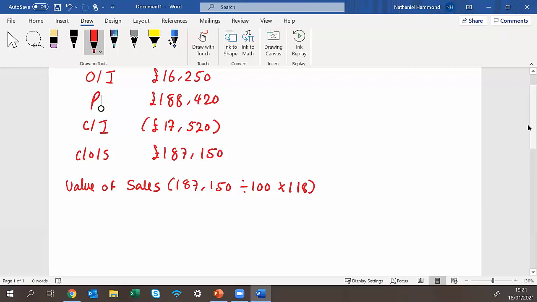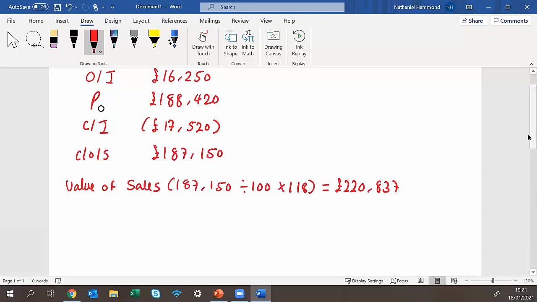So of course 118% in total equals 220,837.